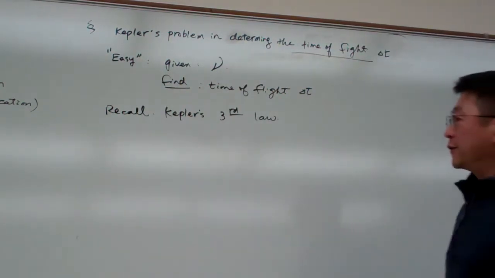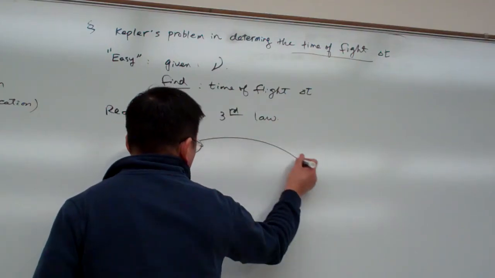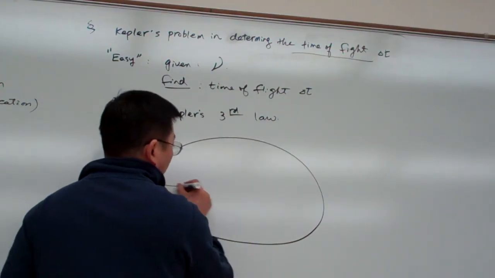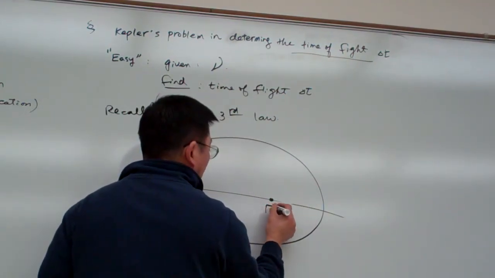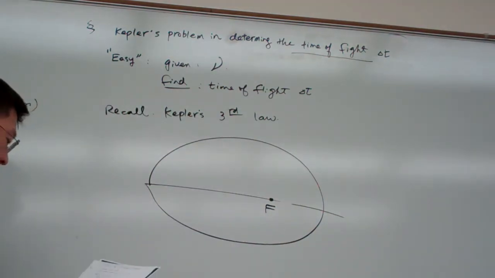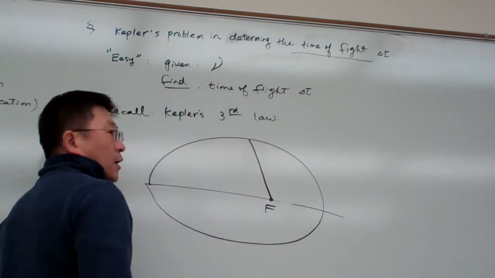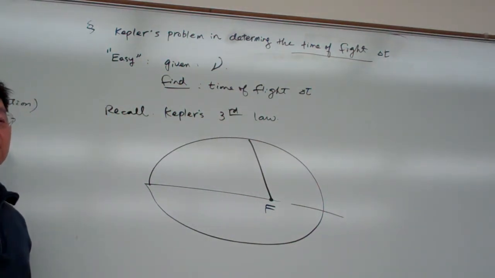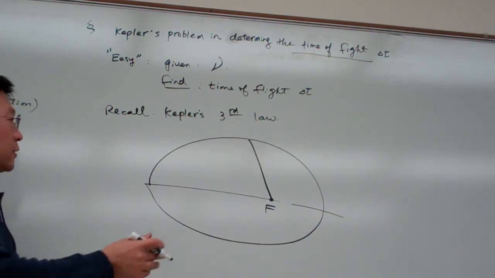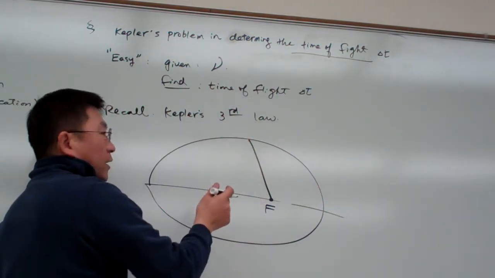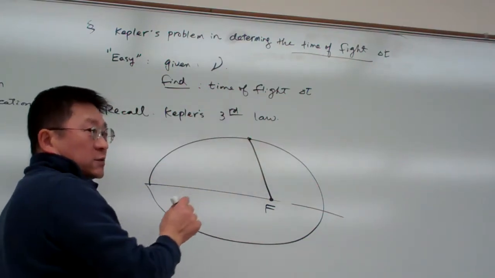For Kepler's third law, we have our orbit, and this is our occupied focus, and Kepler's law says that at a given constant interval of time, the area being swept by the moving object is the same.